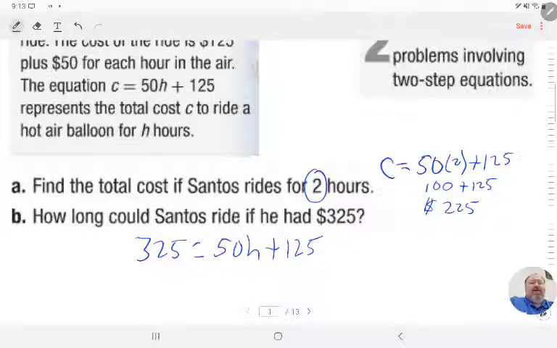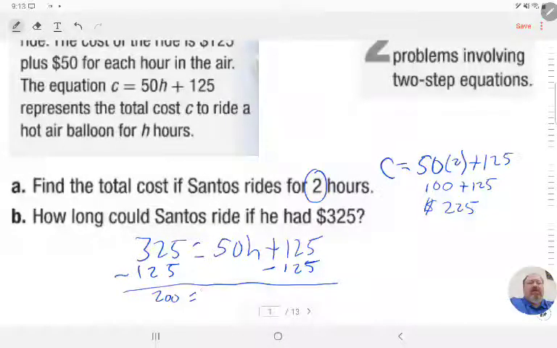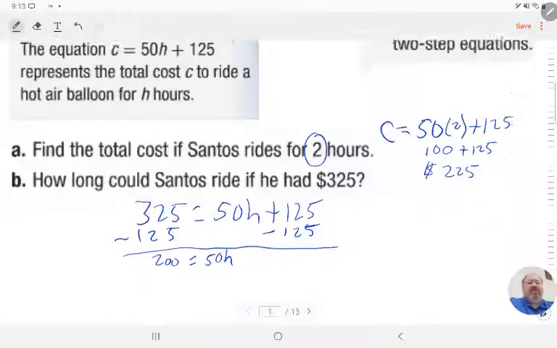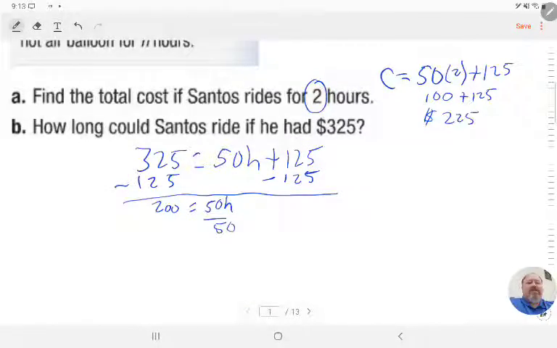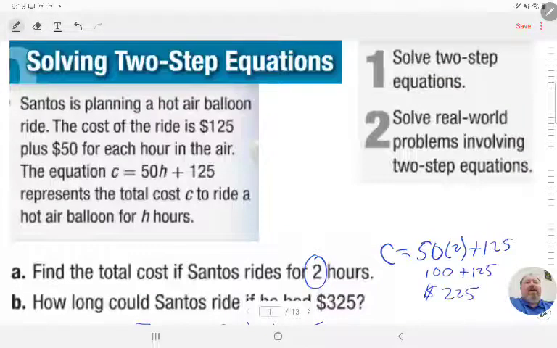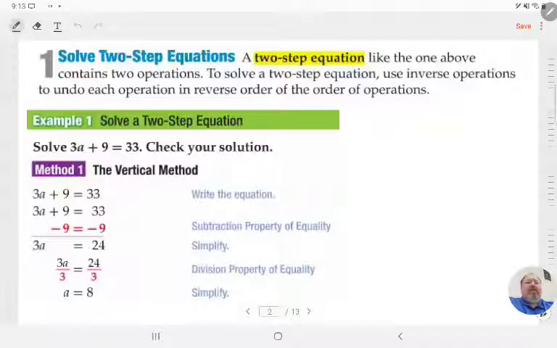So I would subtract 125 from both sides, and I'm going to end up with 200 equals 50H, divide both sides by 50, and I end up with 4 hours he could ride for $325. And that's what we're going to look at today, two-step equations.